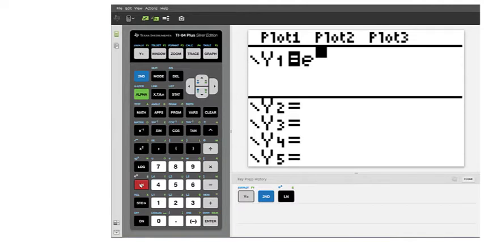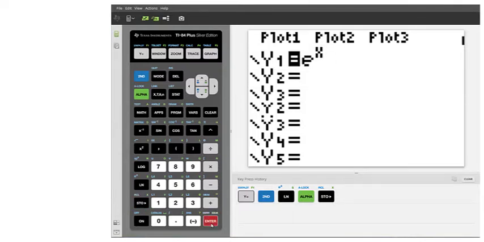Then I just have to put that x in there, alpha x, and then enter.